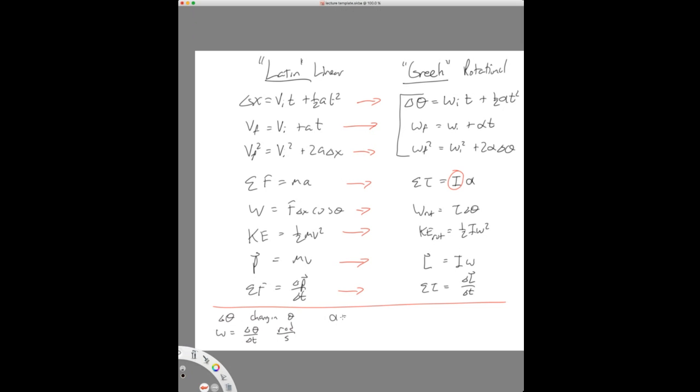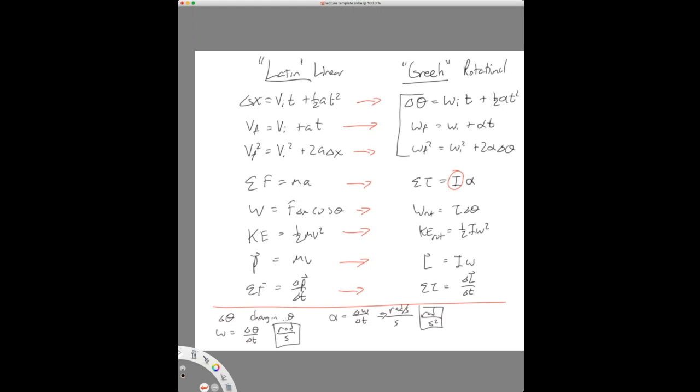And alpha is the rate of change of omega. So it's got radians per second squared.